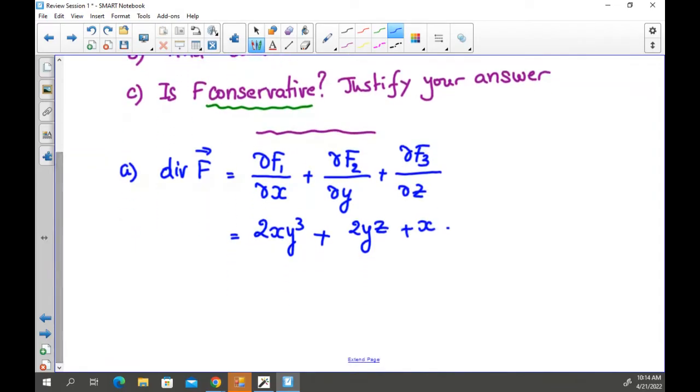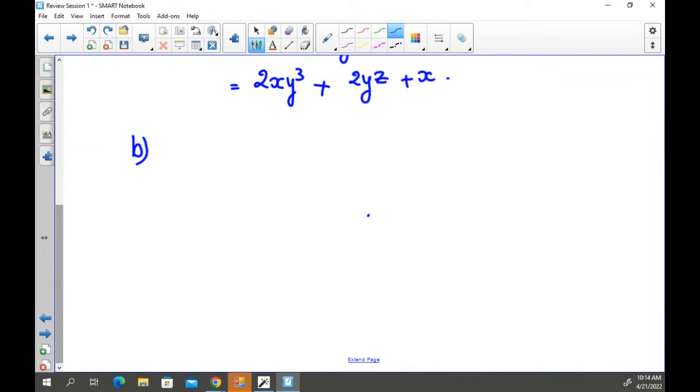Okay, now the curl is a little bit more. For the curl, do you remember how we work out the curl of a function f? Do you remember the rule here? It's basically a determinant.